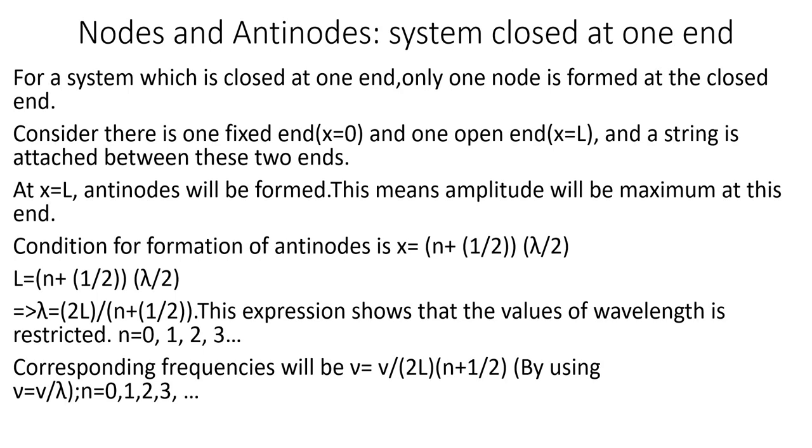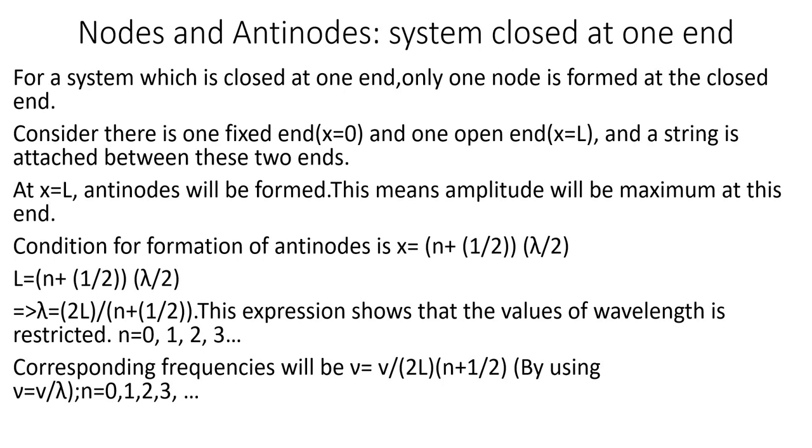So consider there is one fixed end and one open end, and a string is attached. Not only a string, anything we can consider. At x equal to L, an antinode will be formed, which means the amplitude will be maximum at this end. What is the condition for formation of an antinode? It is given by x equal to (n plus half) lambda by 2, which we already discussed. Instead of x we can substitute L, because one end is open and an antinode will be formed there.